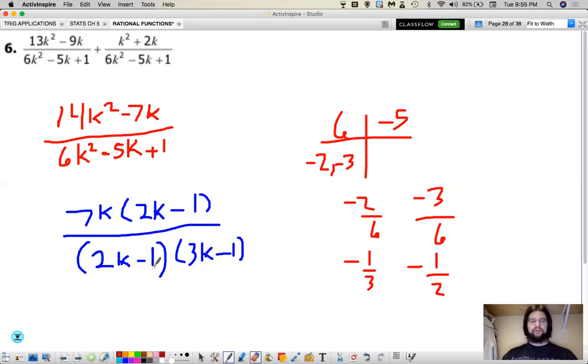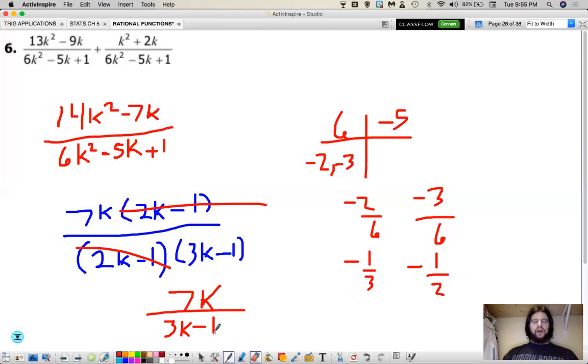That's where that came from. So that one was a little tricky with the whole negative 5 there. Might have tripped you up trying to do 6 and negative 1, vice versa. I want to show you that one. So we're left with 7k over 3k minus 1. And there we go.